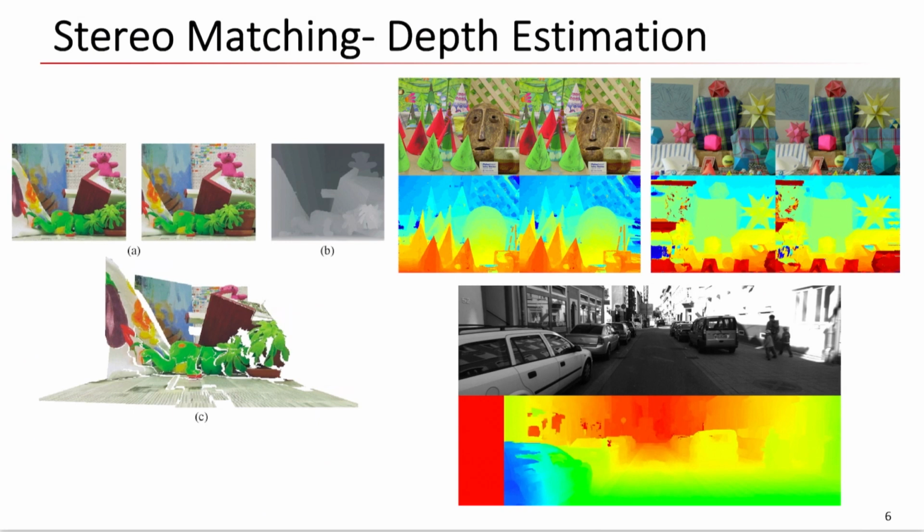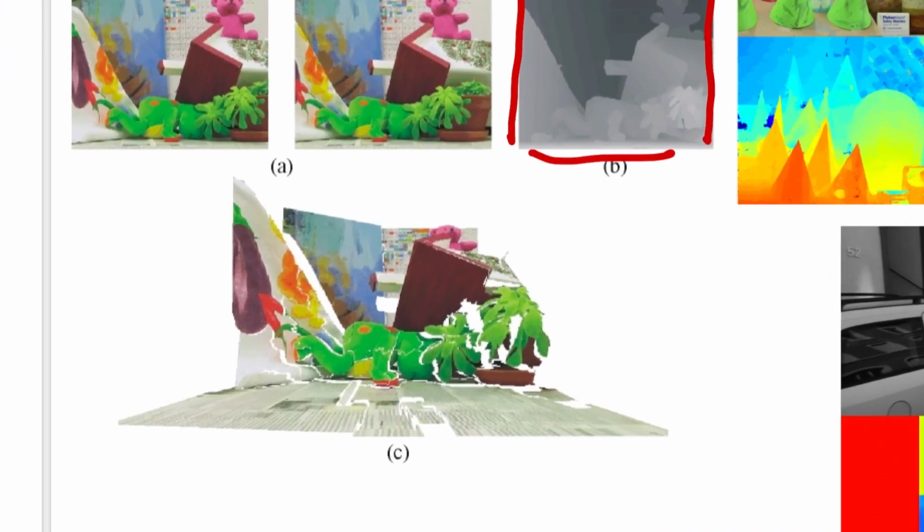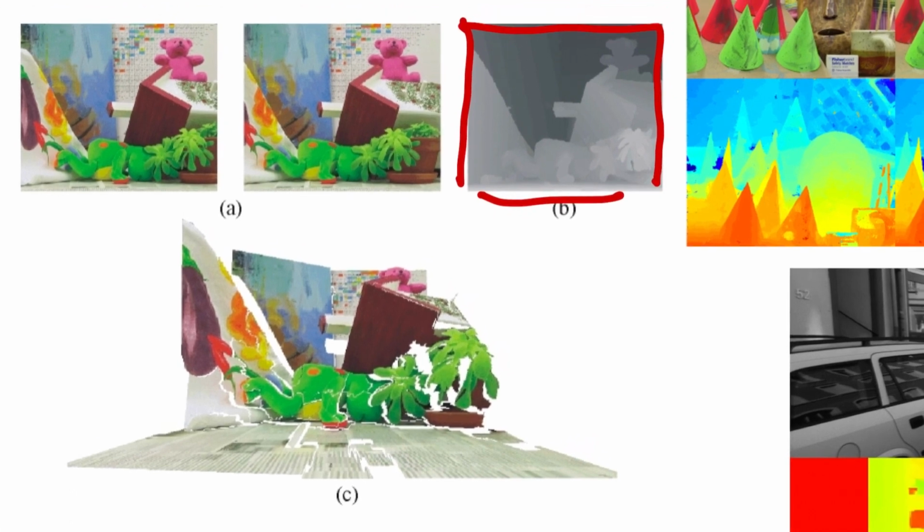In stereo matching, the objective is to estimate the depth information. What is the depth information? Something like this. It is relevant to the relative depth. As you can see here, this object is closer to us than this one, right?